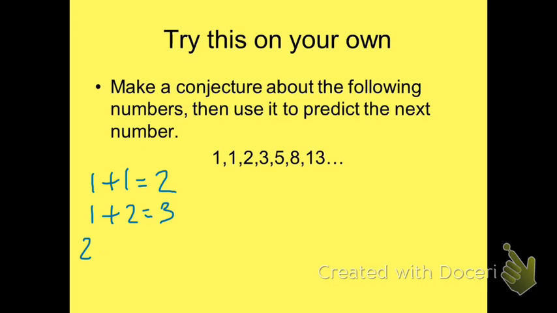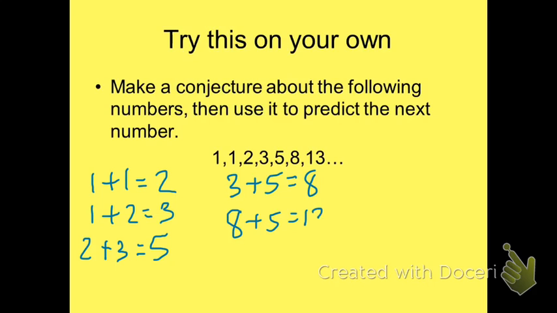To get 5, you would add 2 and 3, the two previous numbers in front of 5. To get 8, you would add 3 and 5, the two numbers in front of 8. To get 13, you would add 8 and 5. So to get the next number that comes after 13, you would add 8 plus 13 and get 21.